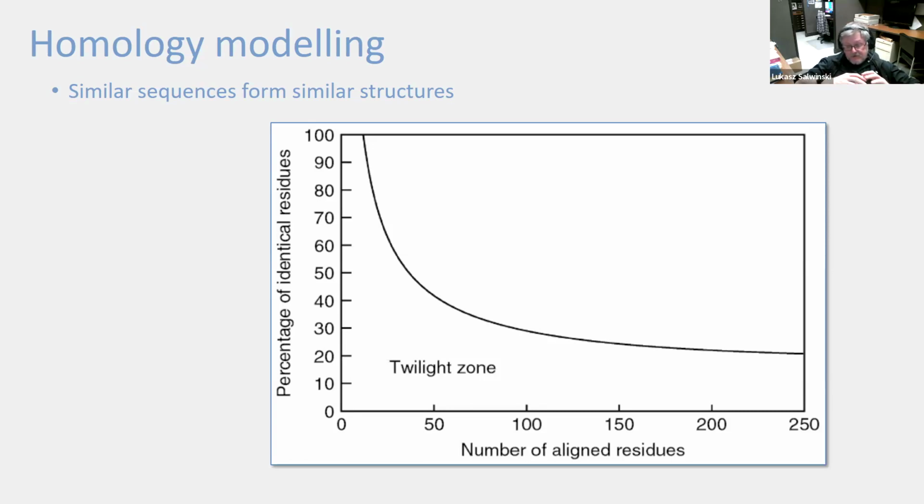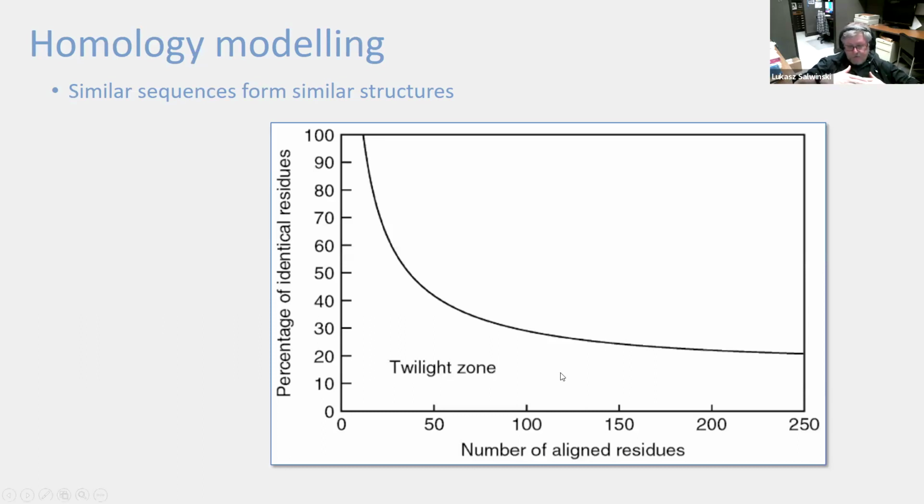The fold is going to be the same. The tiny details determined locally by differences in a sequence are going to be there, but the overall structure of the protein is going to be the same.